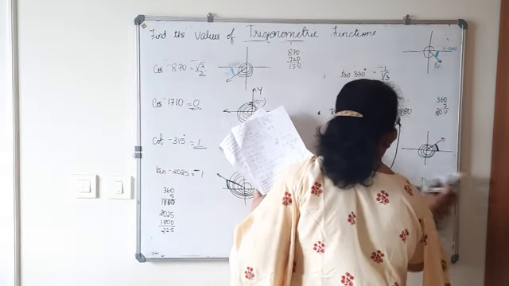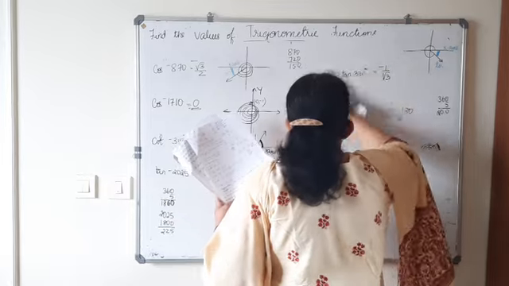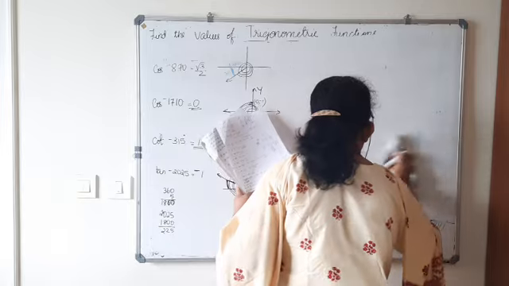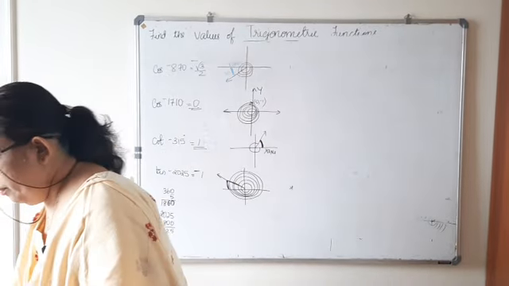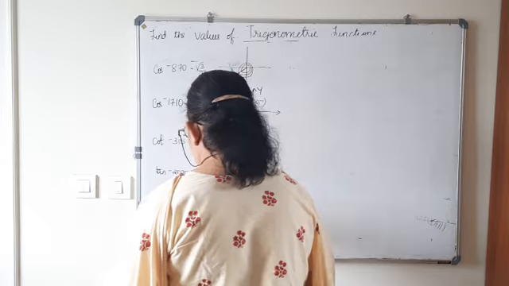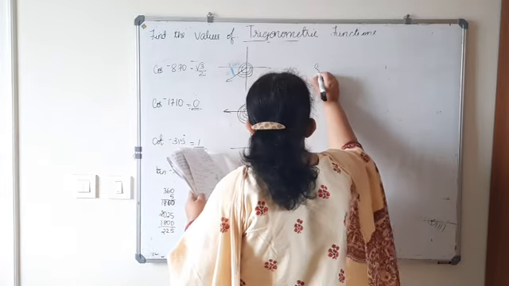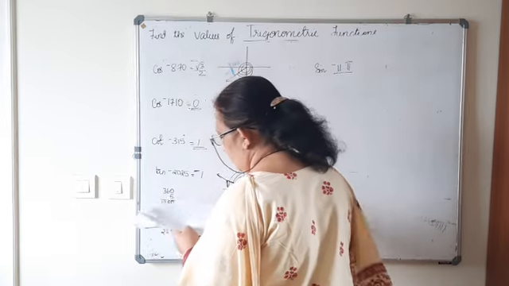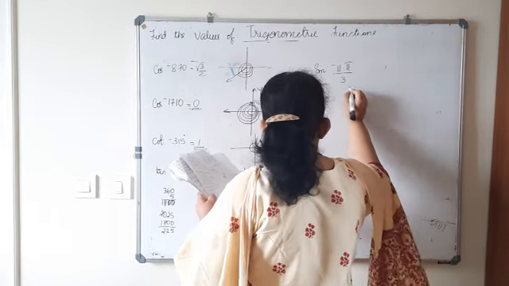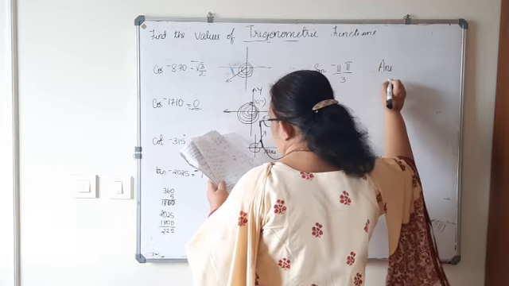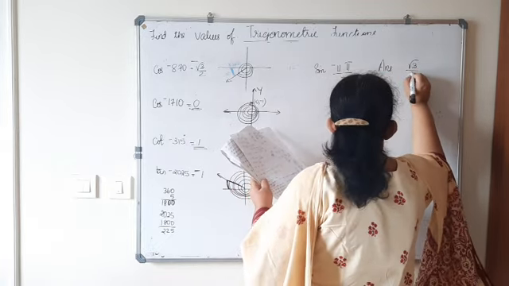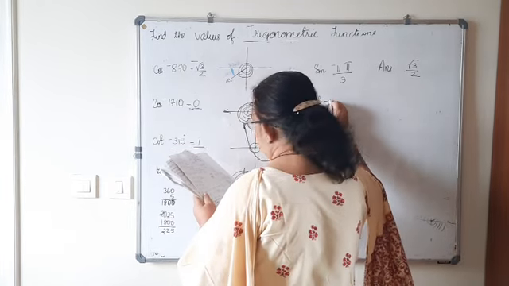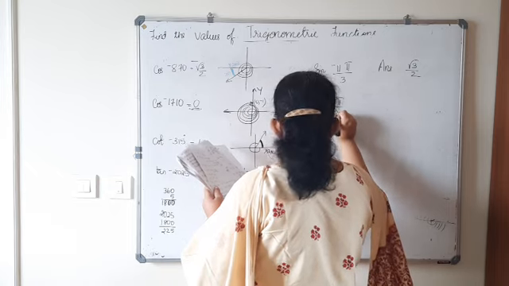Now I'll give you three sums for assignment. Sine minus 11 pi by 3. Answer is root 3 by 2. Cot minus 15 pi by 4.